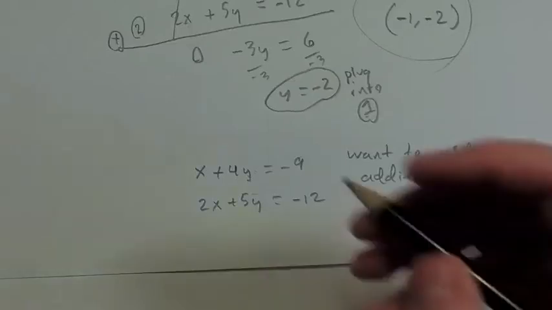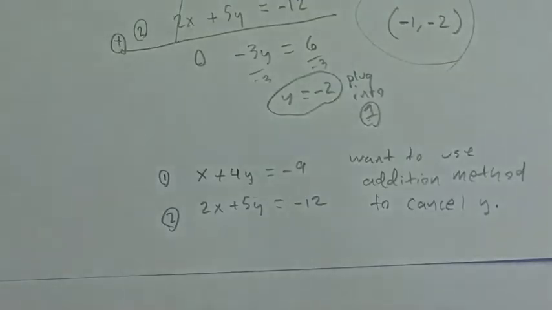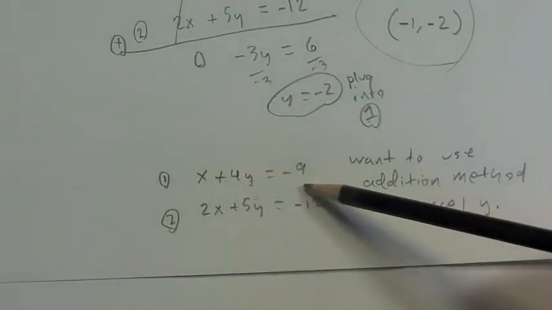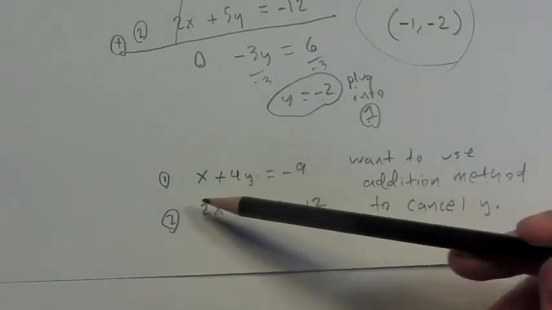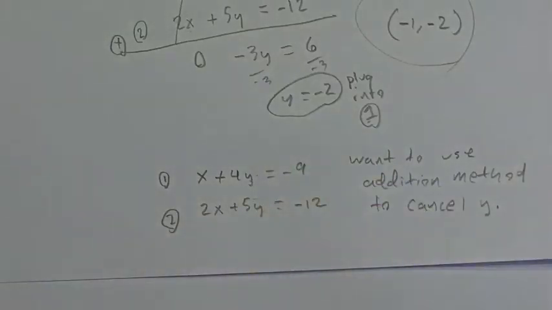There are two ways we can do this. One way is to introduce fractions. So we would do 1/4 the first equation to make that just a y, and maybe negative 1/5 the second equation to give us a negative y. The problem is that would introduce fractions, which we may not like.